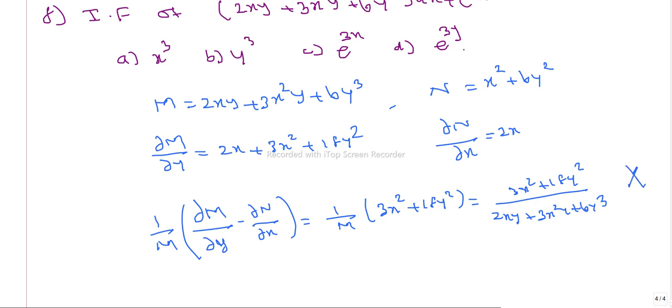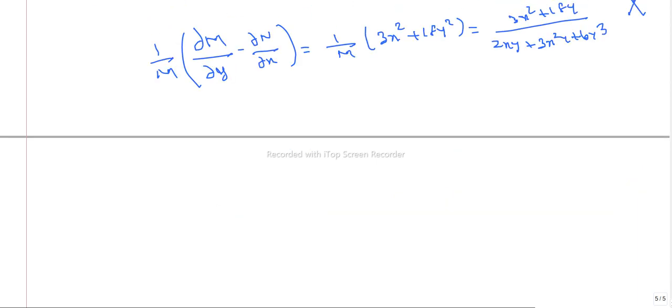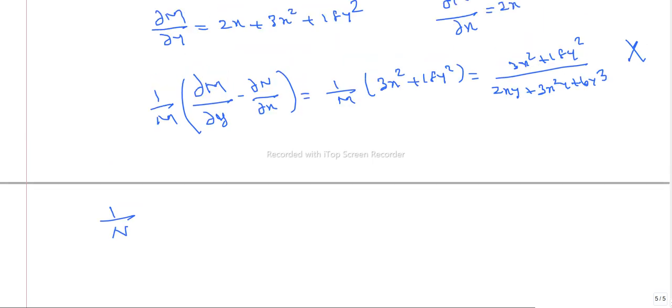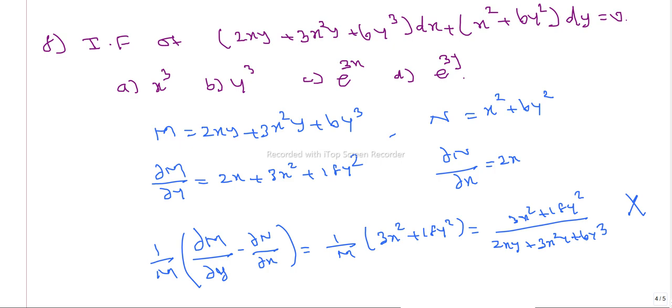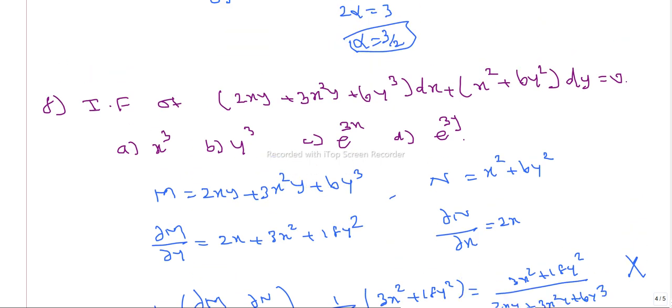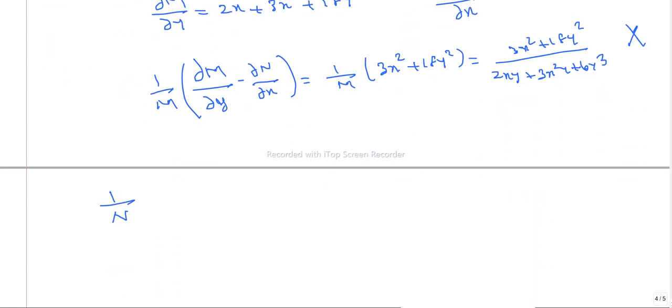Now we have to look at 1/N times the difference. Is this a homogeneous function or not? No, it's not homogeneous. Now find 1/N.